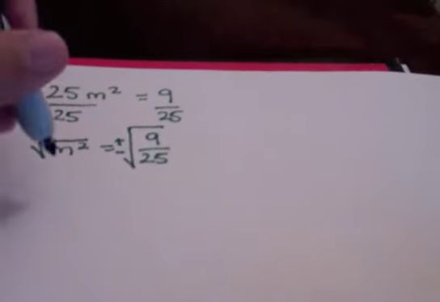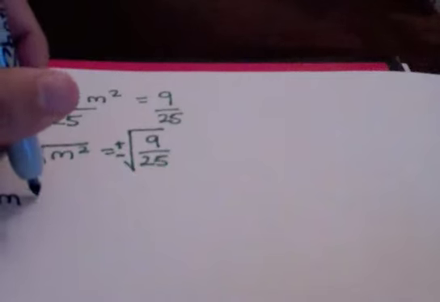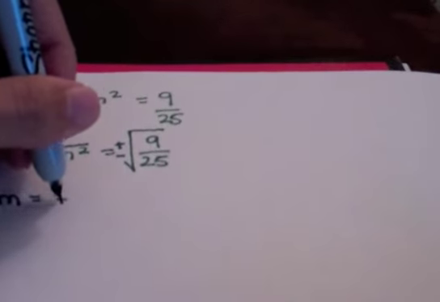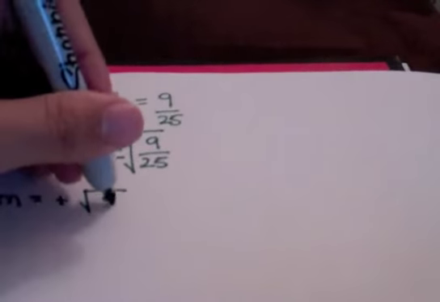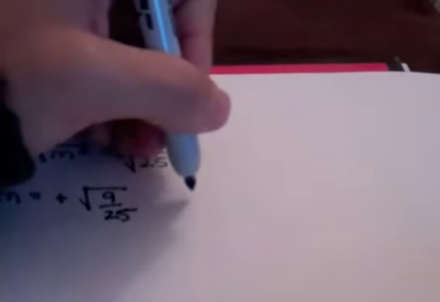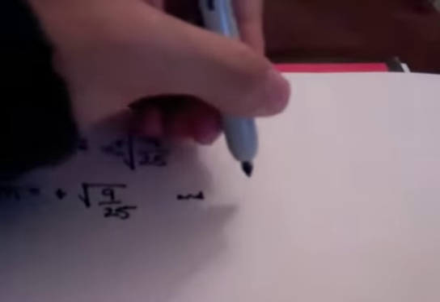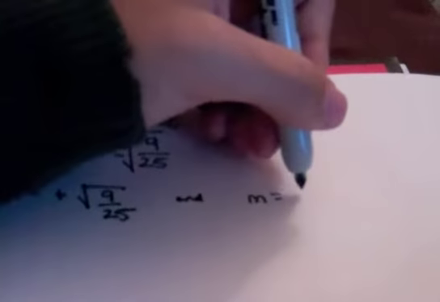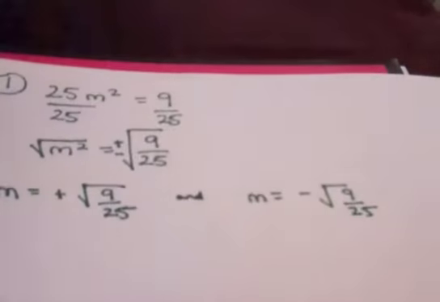So now we have that m equals positive square root of 9 over 25, and m equals negative, based on that, square root of 9 over 25.